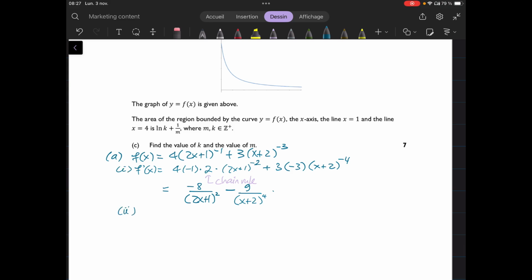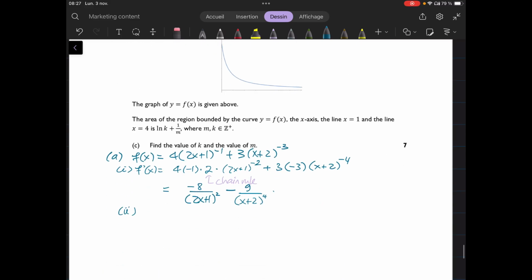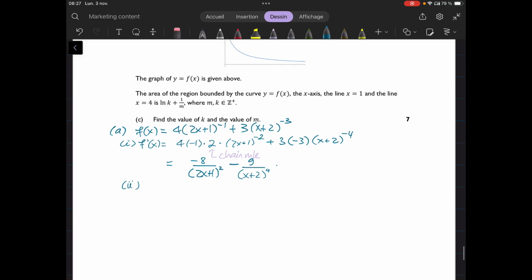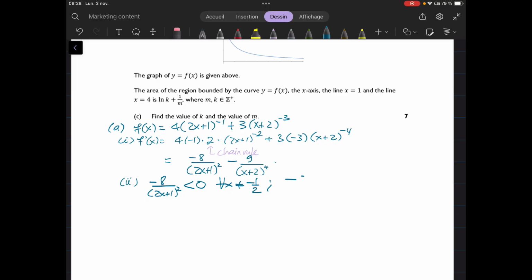Part B. We have to show that this is less than 0 for all x greater than 0. So, we know that this guy is less than 0 for all x except negative 1 by 2. That's where the function blows up. Similarly, this guy is always less than 0 unless x is equal to negative 2.